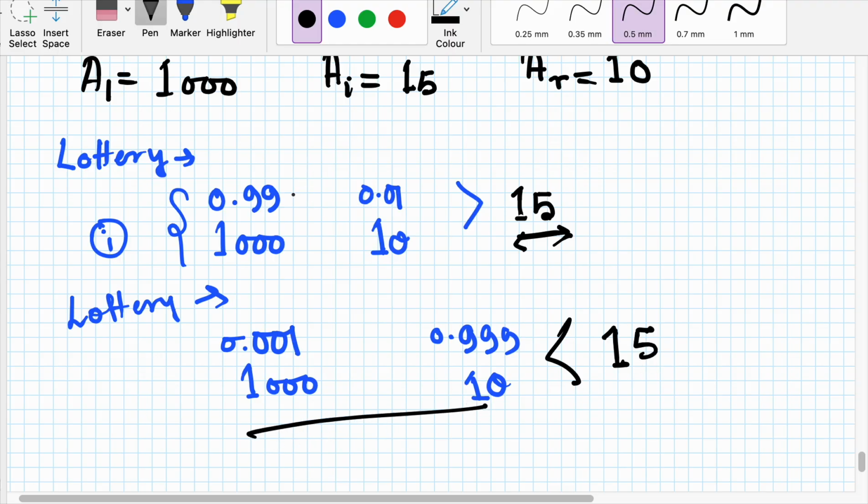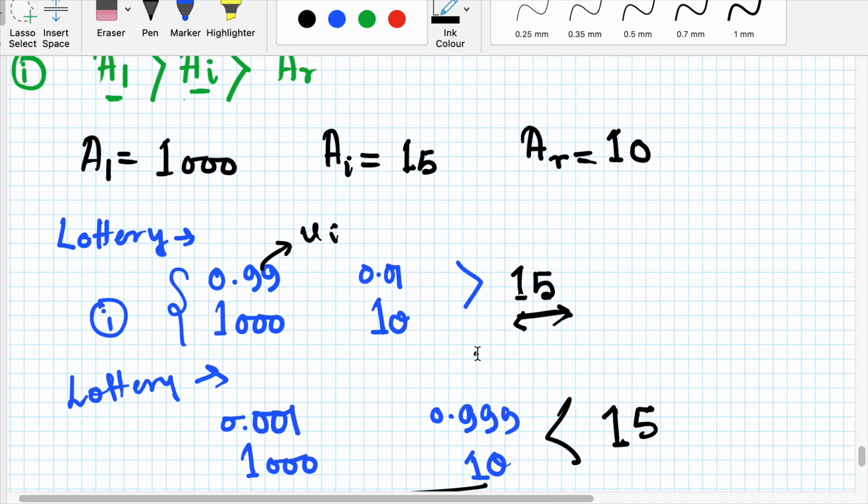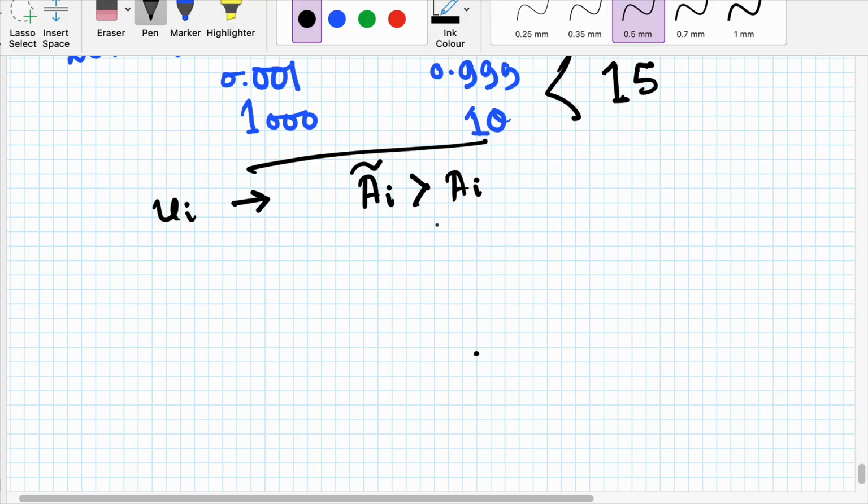So there is a range of probability. This is nothing but UI. If I vary this UI, sometimes you will find that AI tilde, this lottery, is preferred over AI, and in some range of UI you will find that AI is preferred over AI tilde.